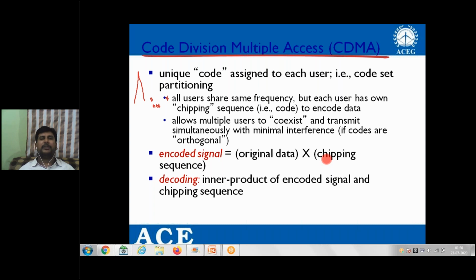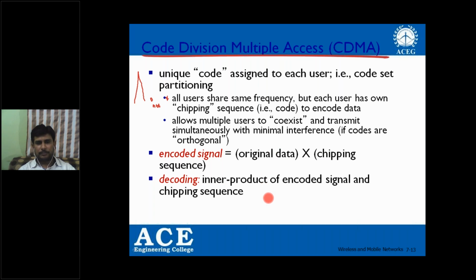At the receiver, we try to separate the data from the code, which is referred to as decoding. Got it? Right. What happens in this scenario is we can transmit for multiple users at a time without much interference. That is the advantage of CDMA compared with TDMA and FDMA.